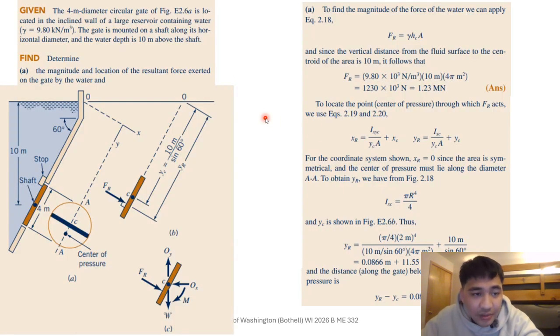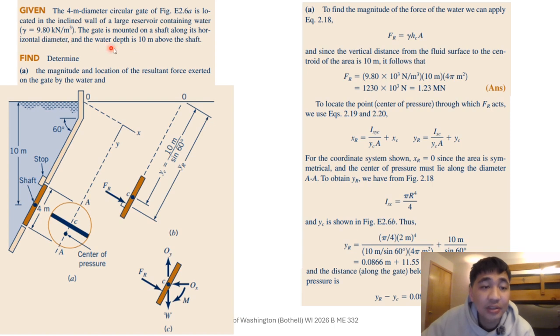Okay, we're going to jump into an example here and see how these equations work. So here, kind of similar to the diagram I explained to you earlier, we have a 4-meter diameter circular gate, right? And it's not just flat, right? It's at an angle. And it's located on an inclined wall of a large reservoir containing water, this is the specific weight, right?